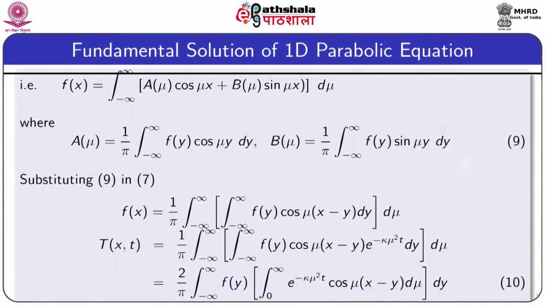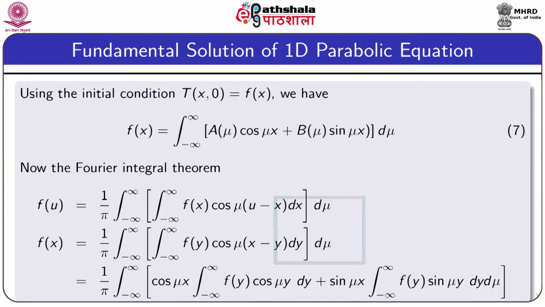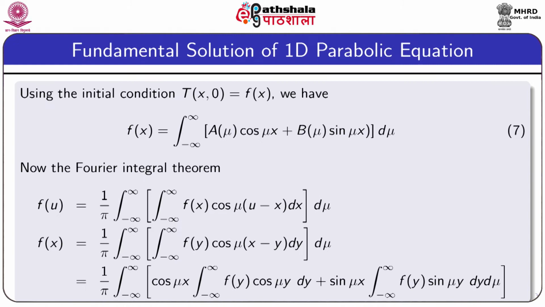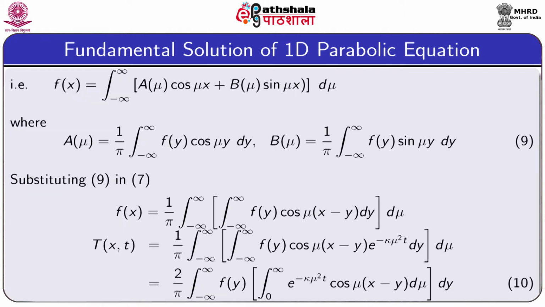So this expression can be written in this form also: 0 to infinity a(mu) cos mu x plus b(mu) sin mu x d mu, where, if you see the previous expression, A(mu) is equal to 1 by pi integration minus infinity to plus infinity f(y) cos mu y dy, and B(mu) is 1 by pi minus infinity to plus infinity f(y) sin mu y dy.